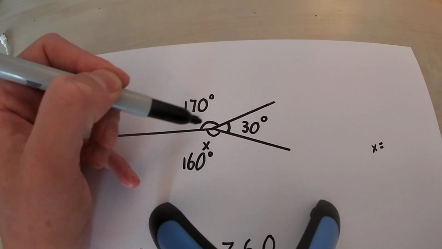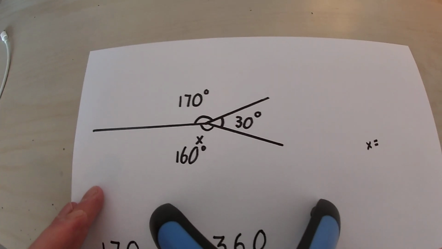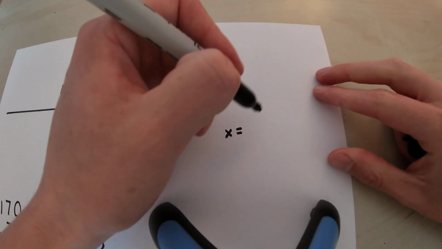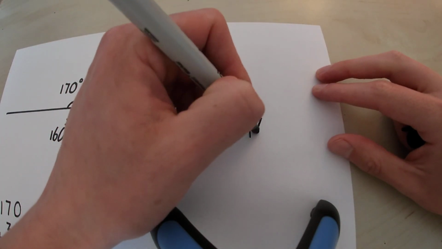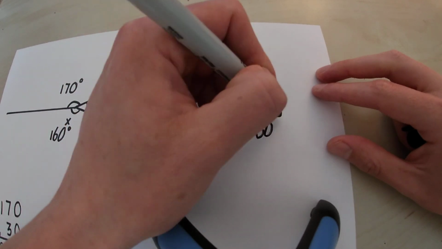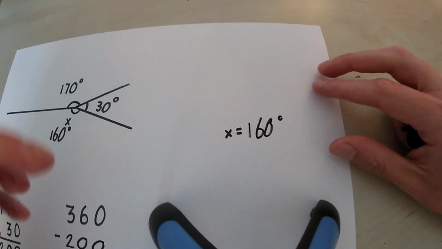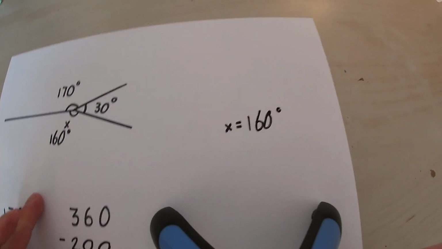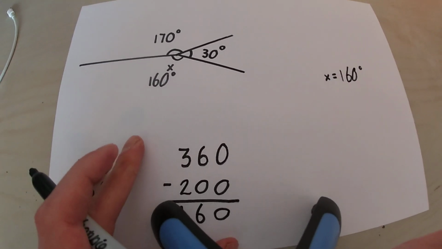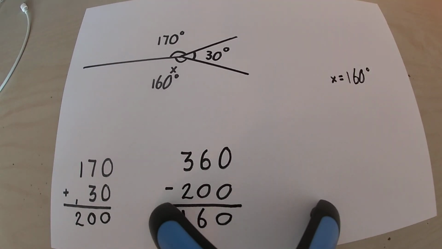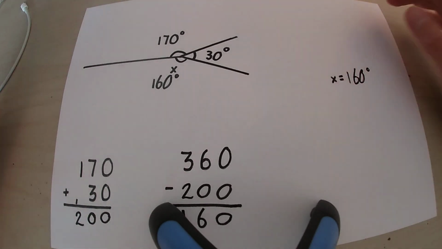Perfect. The amount of degrees there are around a point. So our X is 160 degrees.